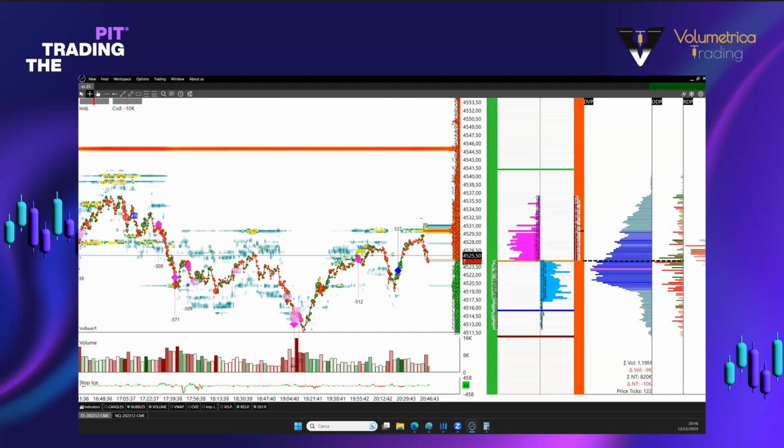Otherwise, we would have markets which are constantly ranging, and of course that is not the case. Well, market tends to range about 70% of time, but what about the other 30% of time? Liquidity pools can also be broken.